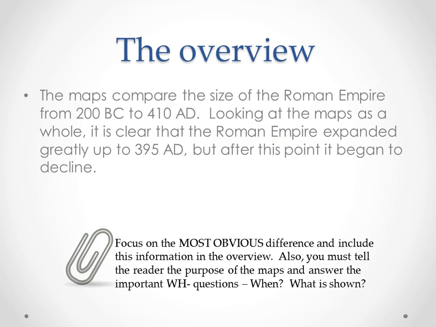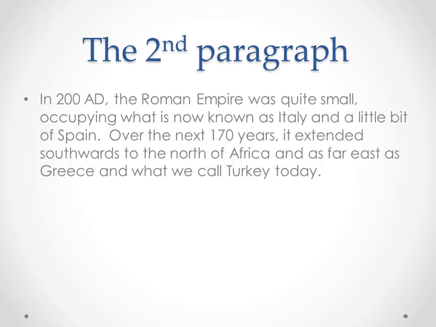So you need to tell the IELTS examiner the purpose of the map and the most obvious difference. To help you do this, you can answer WH questions. When? What happened?